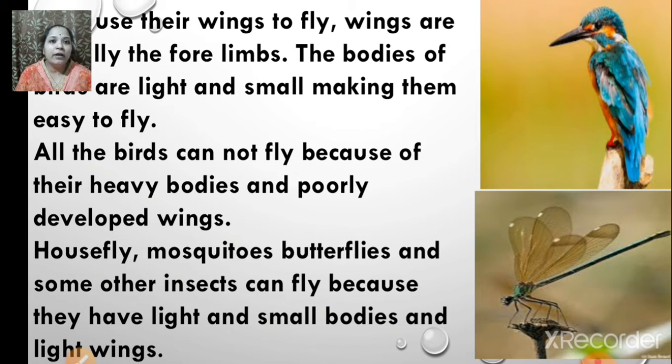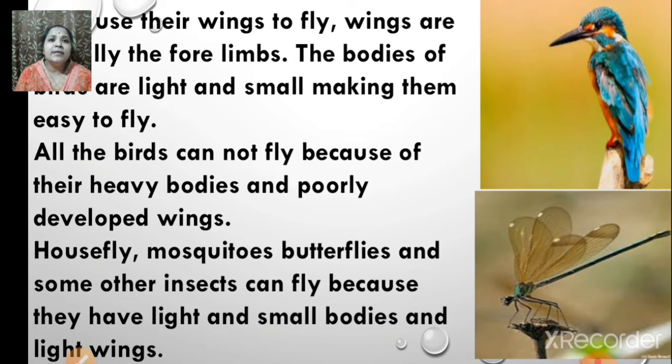They cannot fly. So, do you know the birds who fly use their wings? And what are their wings? The wings are their forelimbs. They also have light bodies which help them to fly in the air. So, how can they fly? They fly with the help of their light bodies and the wings.